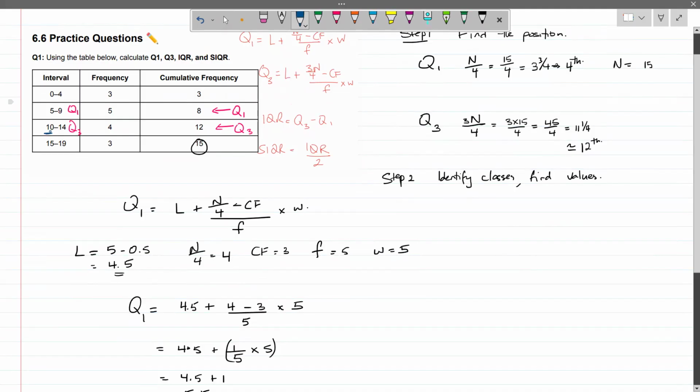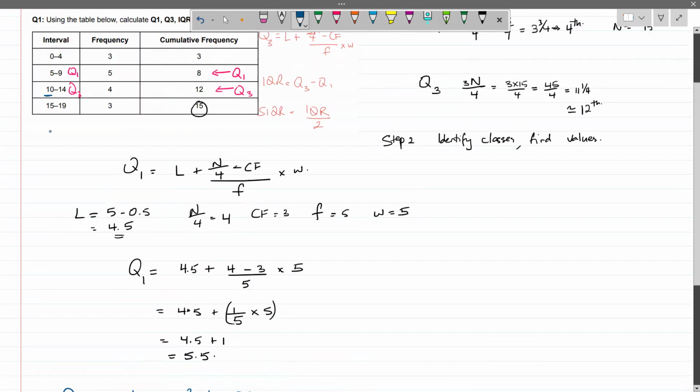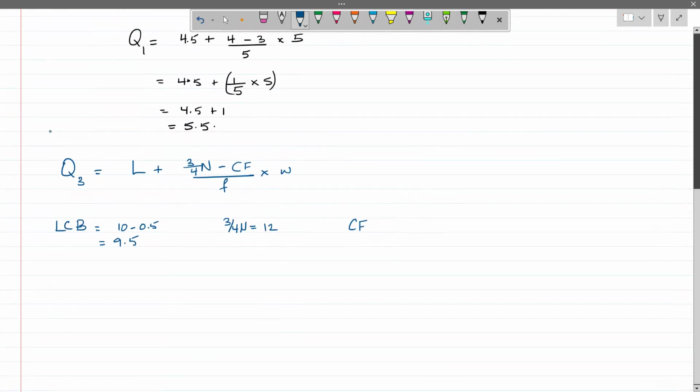That's my lower limit, so my lower class boundary is 10 minus 0.5, that's 9.5. My 3/4 N, we said, would be the 12th position. The cumulative frequency of the class before would have been here. This is my CF value, and this is my F value. So CF is equal to 8, and F is equal to 4.